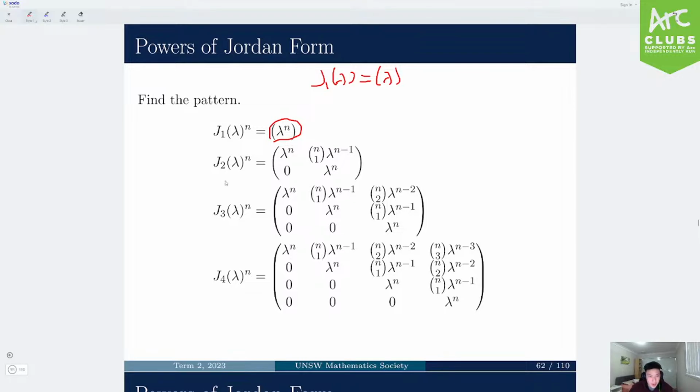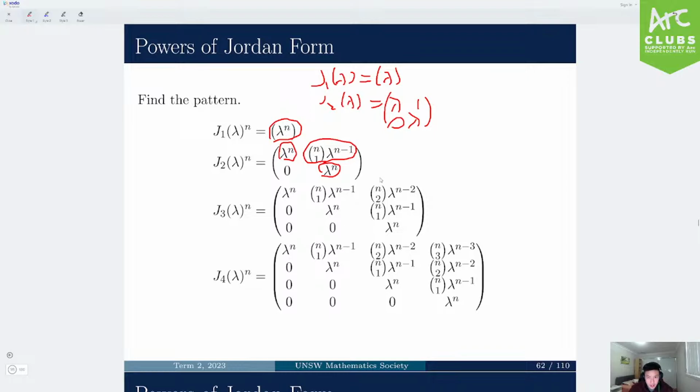Okay. If we notice J2 of lambda, so this would be lambda, lambda, 1, 0. If we take it to the power n, we would get lambda to the n in the diagonals with this n choose 1 lambda to the n minus 1 in the entry directly above the diagonal.